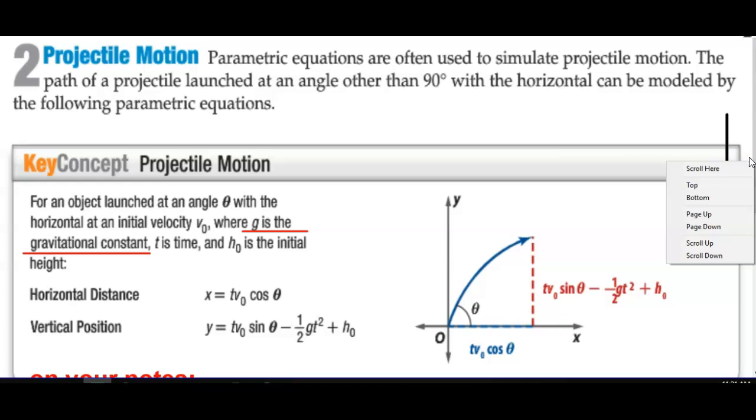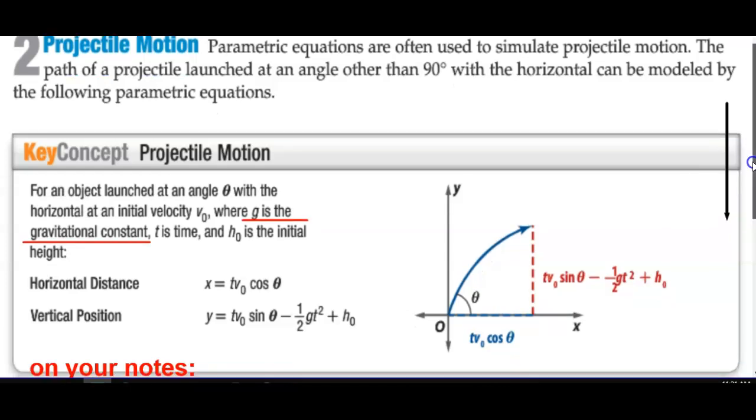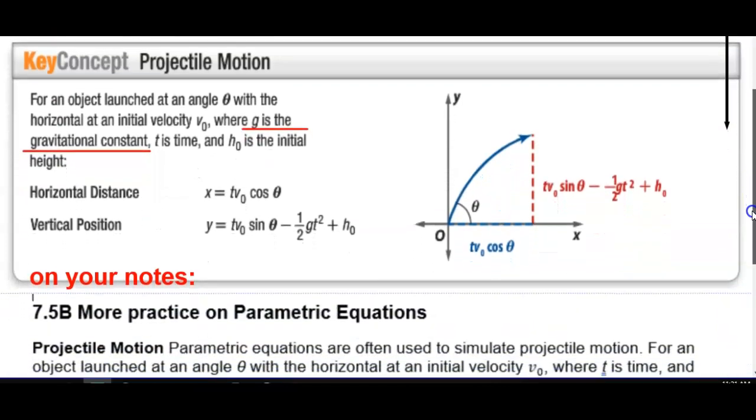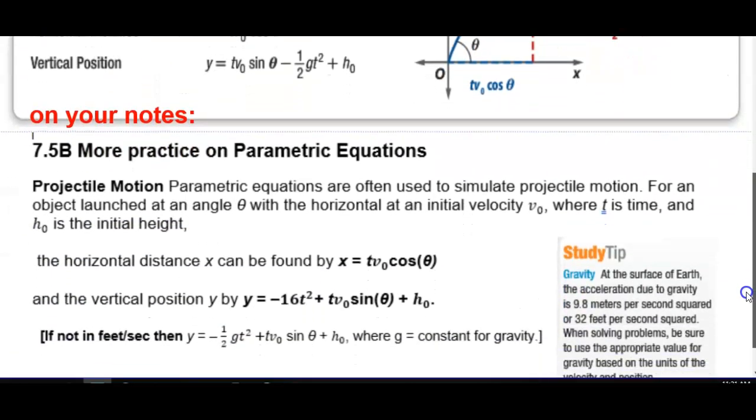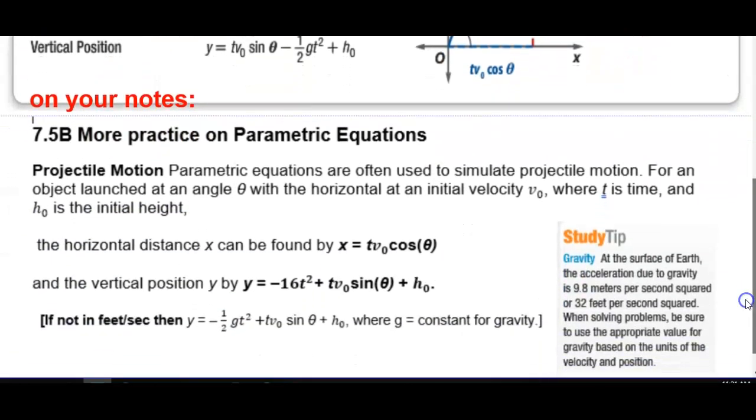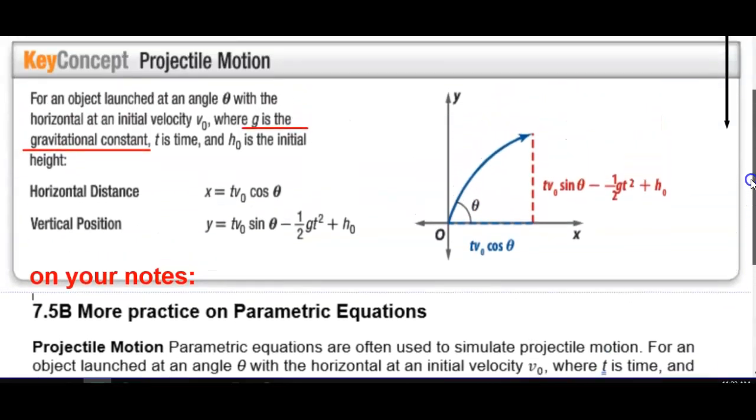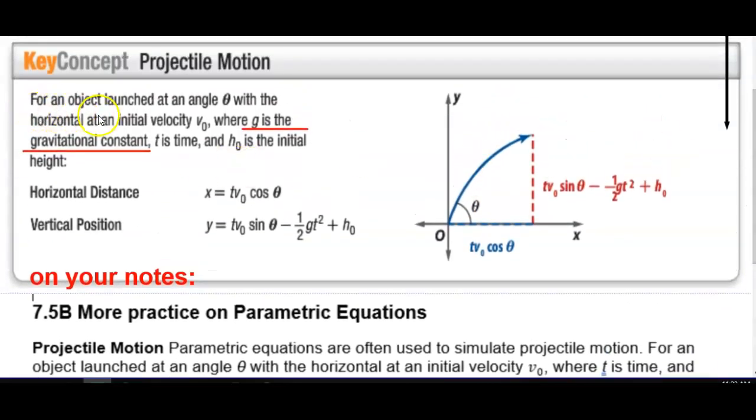So this is what it looks like on your notes, okay? And I'm going to go through and explain it here because it's a little bigger. It says for an object launched at an angle theta, so theta is the angle. We're going to put the angle in after sine and after cosine, and we're going to have to remember to close our parentheses around those.